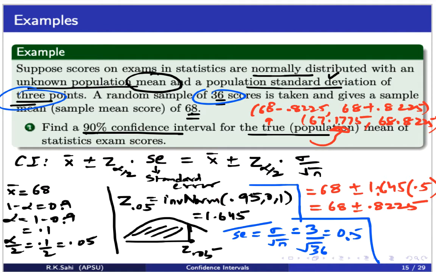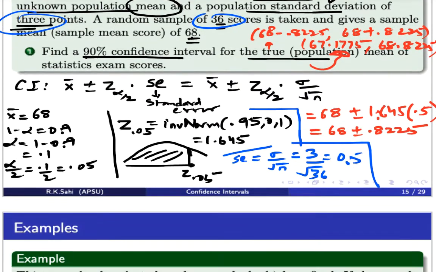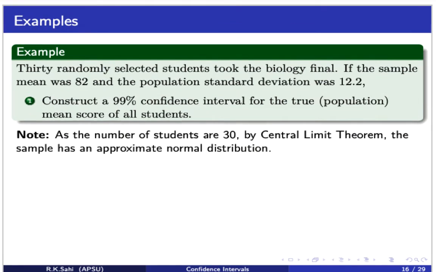Okay? Let's do another example. 30 randomly selected students took the biology final. If the sample mean was 82, the population standard deviation was 12.2. We would like to construct a 99% confidence interval for the true population mean score of all students.